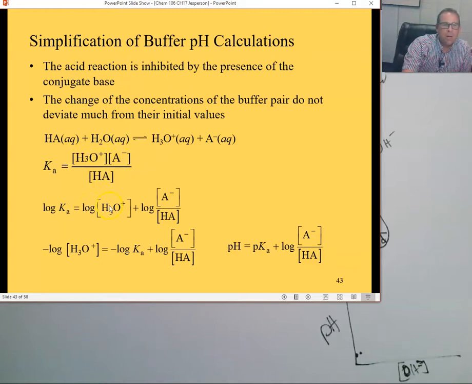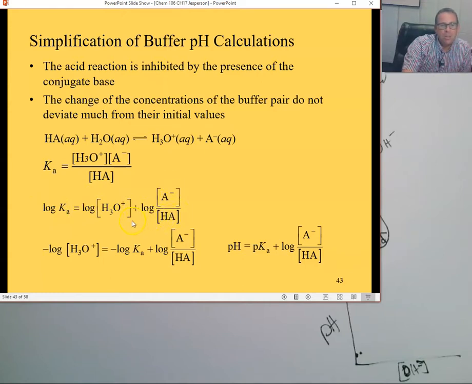So if I take the log of the H3O plus out, which is convenient because we said that the negative log of H3O plus is the pH. So that's kind of interesting. What I have here is the log of Ka plus the positive log of H3O plus the log of A minus over HA.